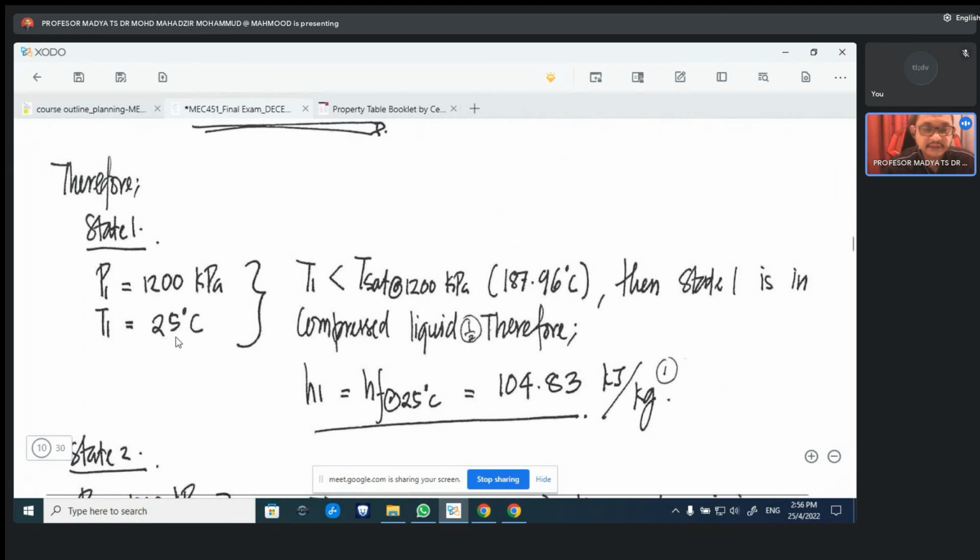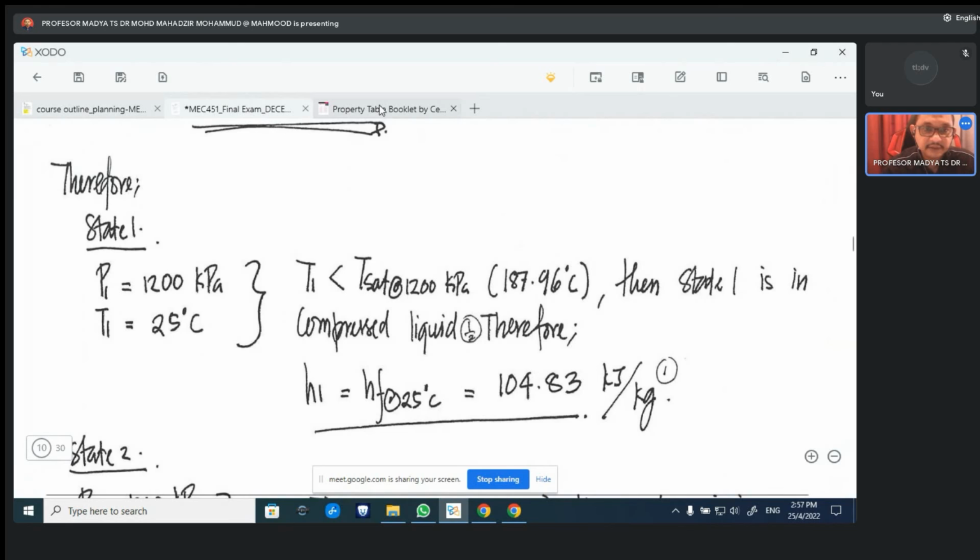The temperature mentioned in the question is 25. That means T1 is below T saturated, so state number one is a compressed liquid. When it is a compressed liquid, H1 is equal to HF.